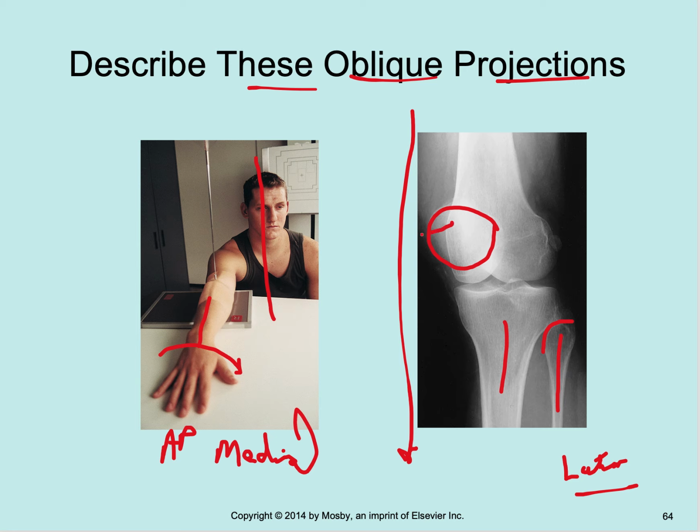So if our patella is moving medial, this is an AP. And then once again, it's got that medial oblique position. So AP, medial oblique. This here is also an AP because the beam is entering anterior, exiting posterior. So AP, medial oblique, because your arm is coming medial to that medial aspect of the patient.